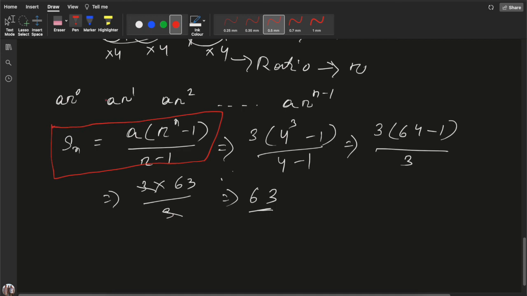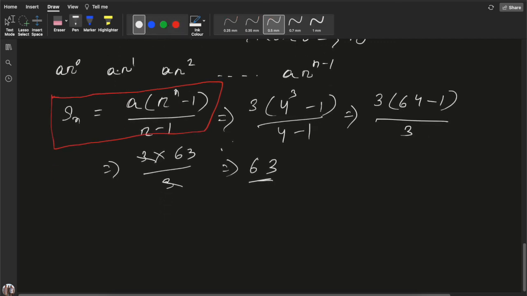Okay, so let's say we have infinite terms. We don't know the nth term. In that case, we have the formula A by (1 minus R), where R is between 0 and 1.